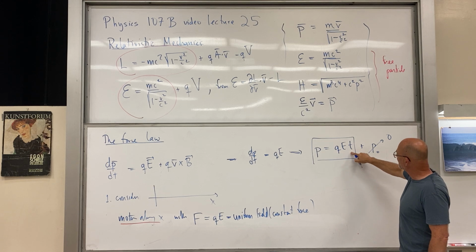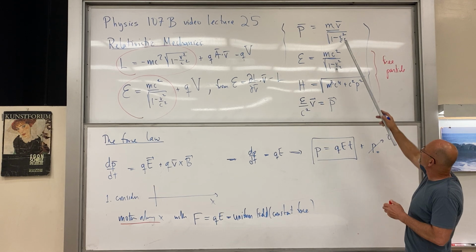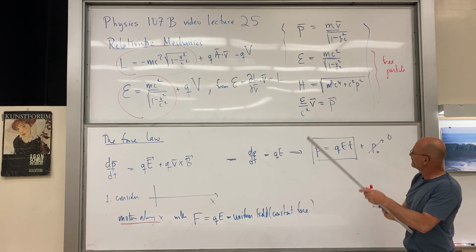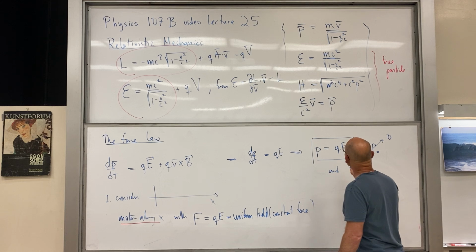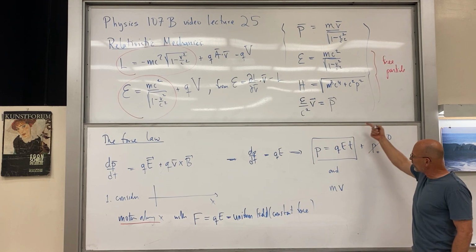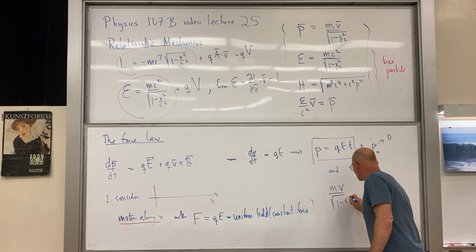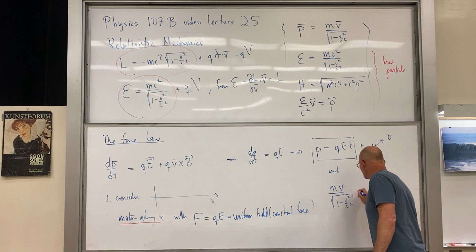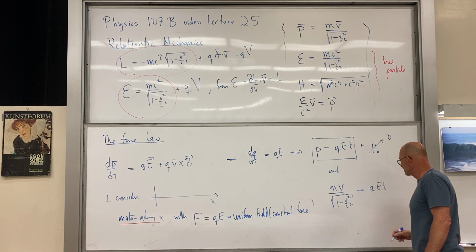Momentum is equal to q times E times t. But of course, the momentum is also equal to mv over this here. And we have mv, so we're just in one dimension, one direction. mv over root 1 minus v squared over c squared is equal to qEt.